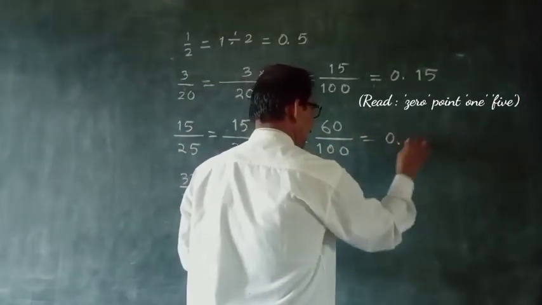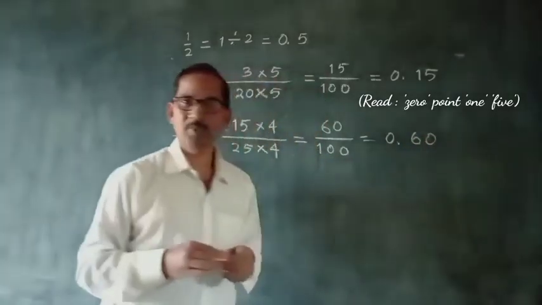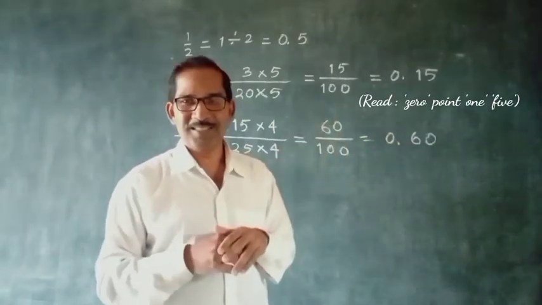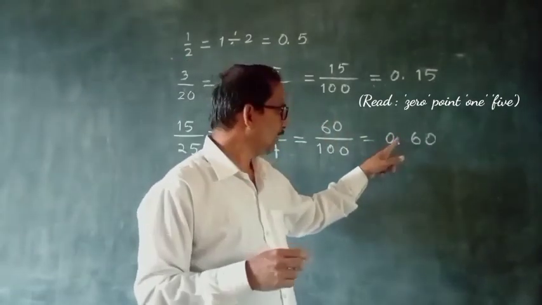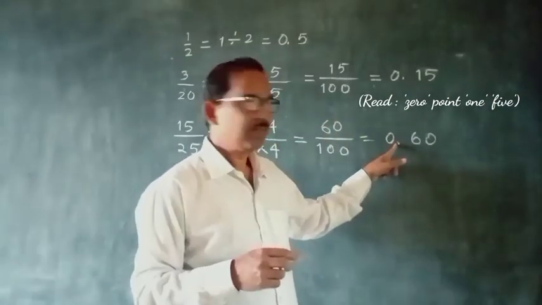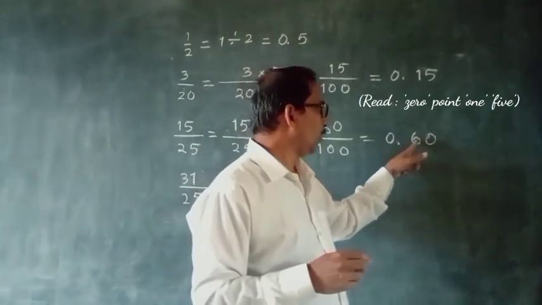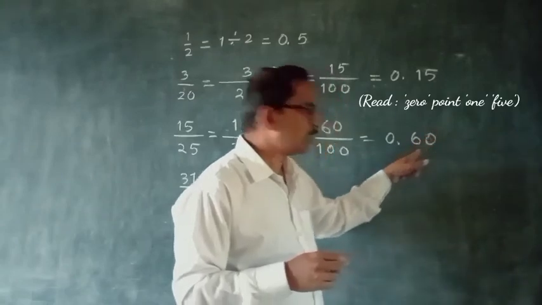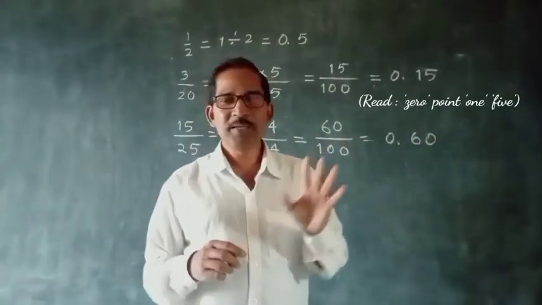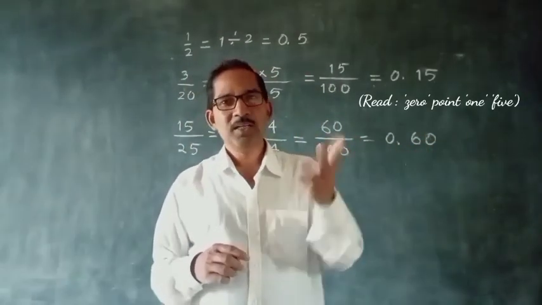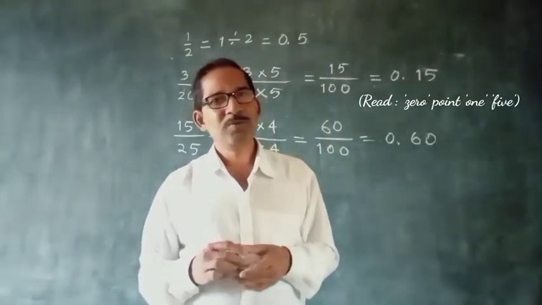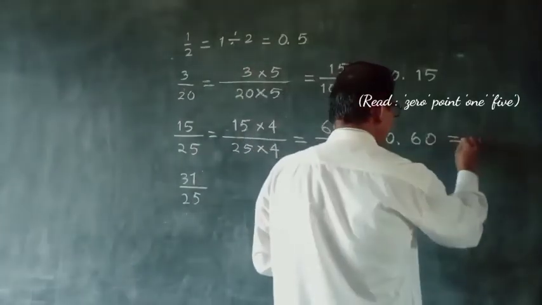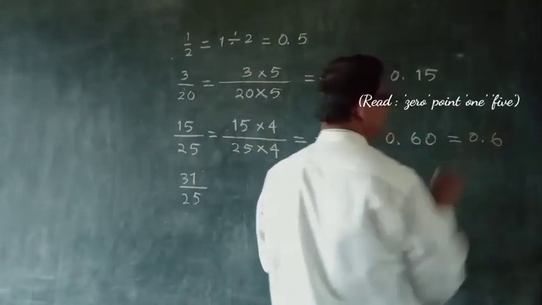It is 0.60. And you see, children, in a decimal, if the last digit after the decimal point is 0, this 0 has no value at all. So it will simply be 0.6.